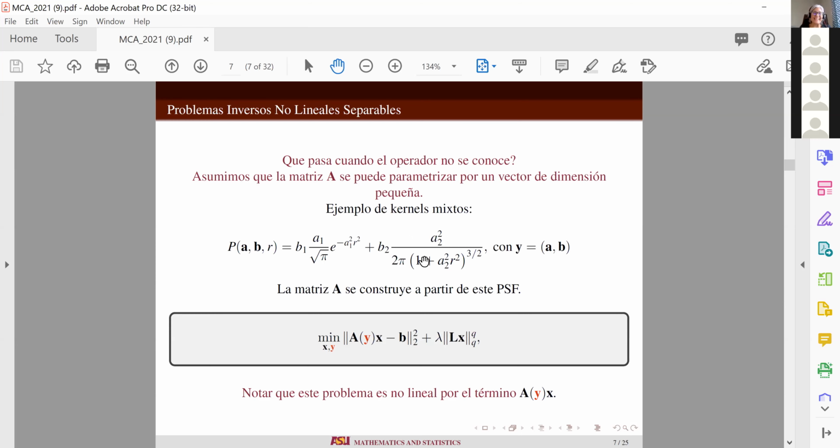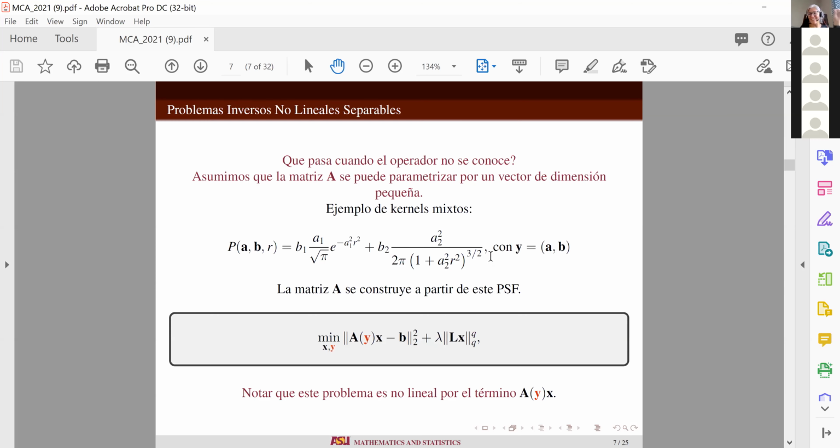Okay, so here I'm going to assume that we have a certain idea of what this blur is, although we don't know it exactly, but we are going to parameterize it, right? Because we are going to assume that it has this form. We can think about this as kind of curve fitting in some sense, although not the way we will write it. Curve fit, in some sense, our blur.